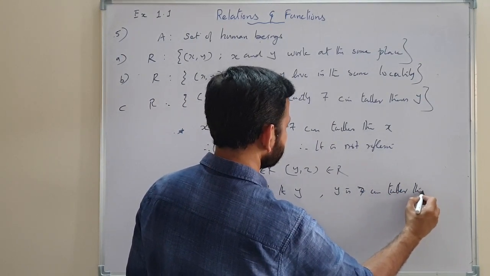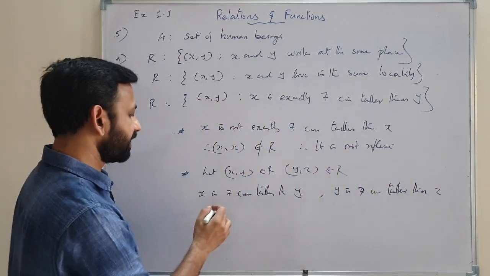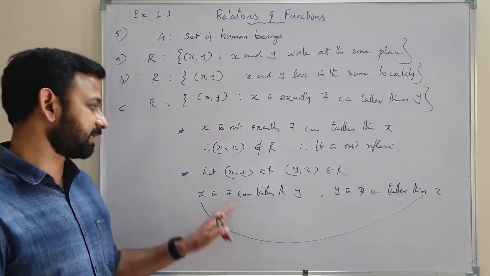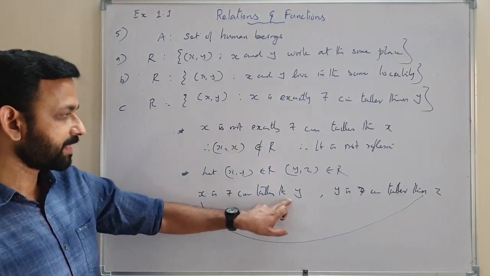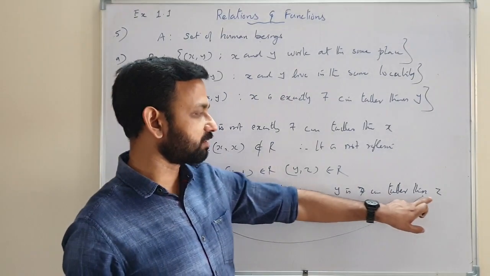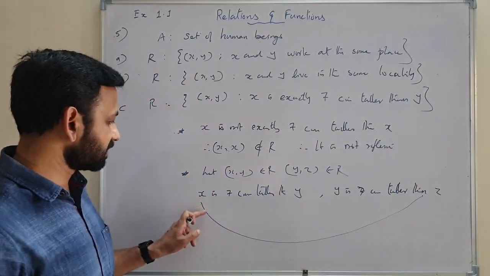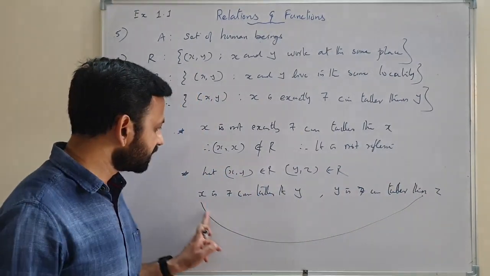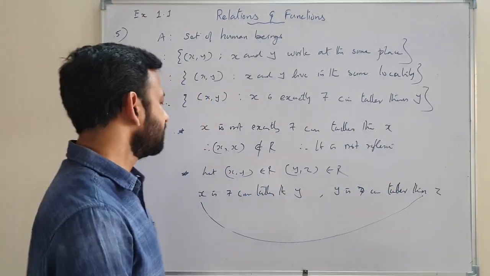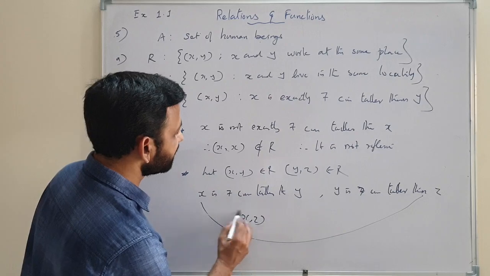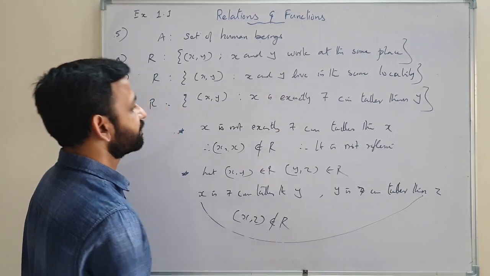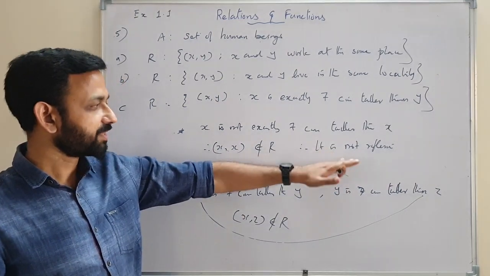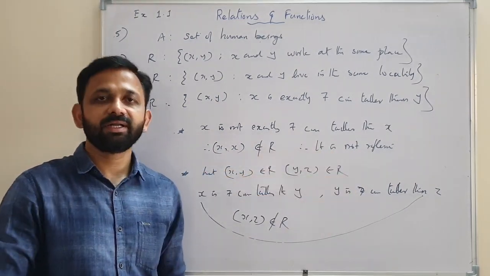We cannot say x is 7 centimeter taller than z. Therefore, x is 14 centimeter taller than z. So x cannot be 7 centimeter taller than z. Therefore, (x, z) does not belong to R. So this relation is not transitive. So this is not reflexive, not symmetric, and not transitive.